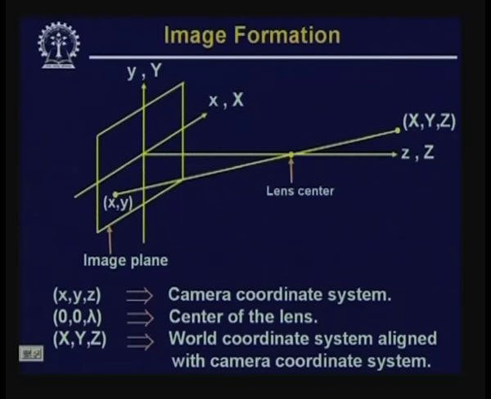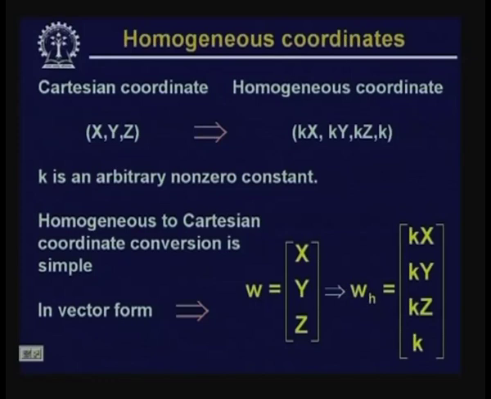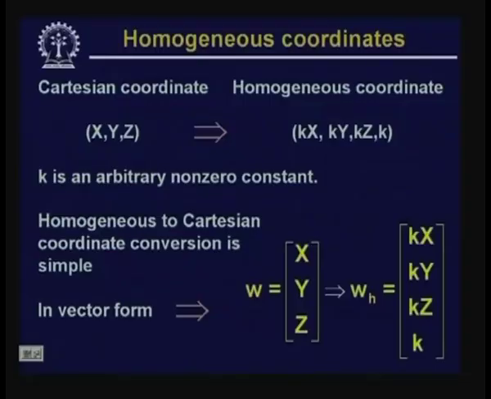Using this figure, we tried to find a relation between the 3D world coordinate X, Y, Z and the corresponding image point x, y. For that, we took a conversion from the Cartesian coordinate system to a homogeneous coordinate system.